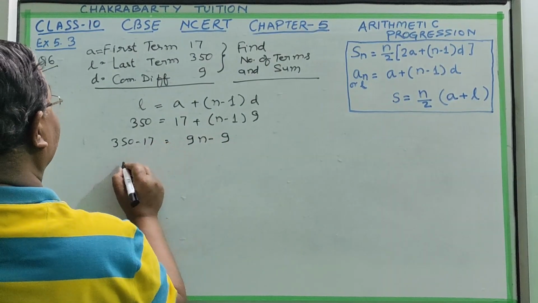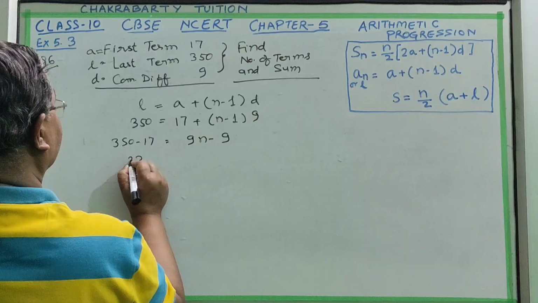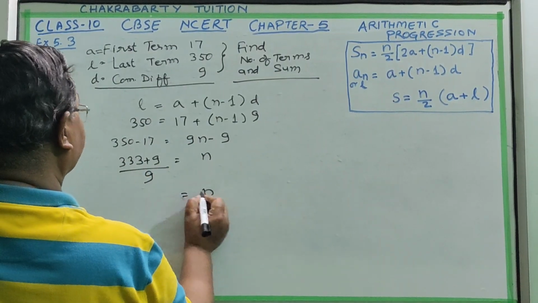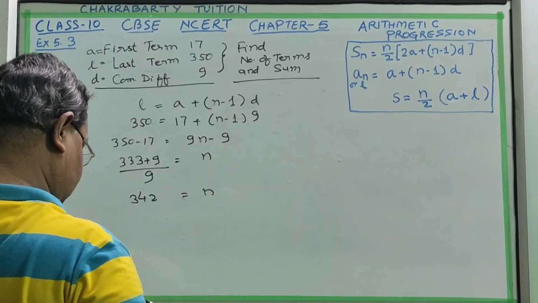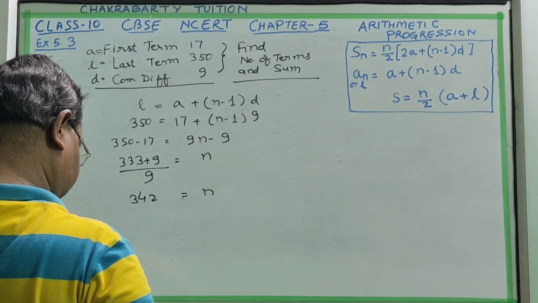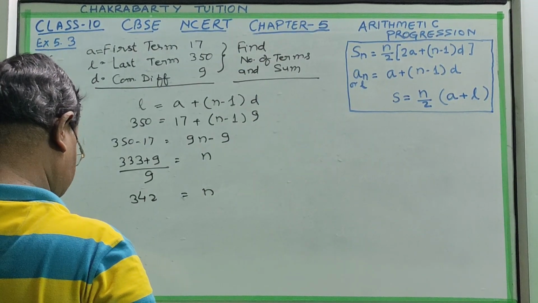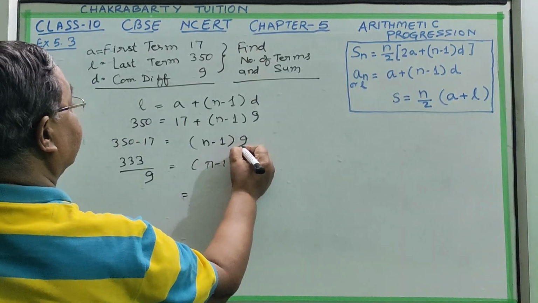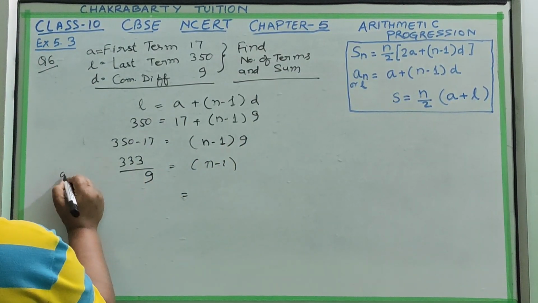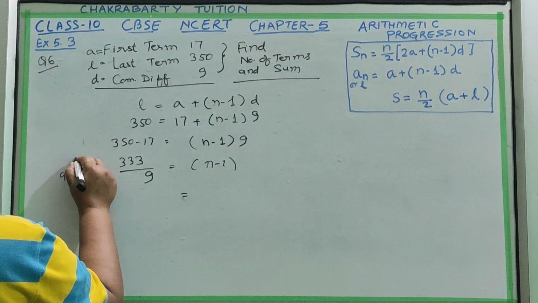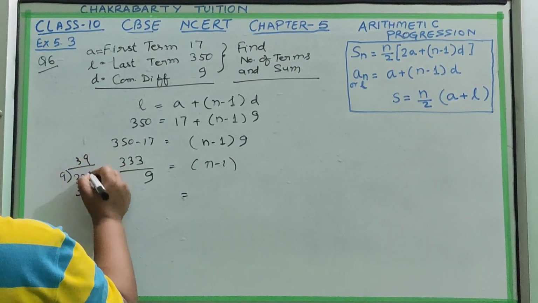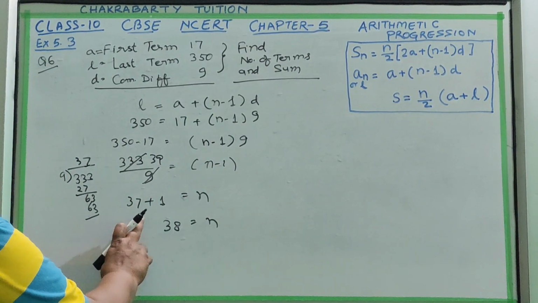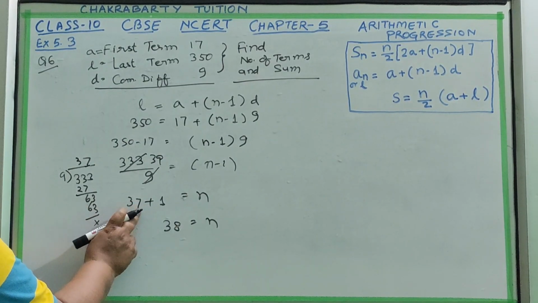So this minus 9 will come to this side and will become plus 9. Then 350 minus 17 is 333, plus 9 is 342. Now this 9 will come to this side: 9 times 3 is 27, and 9 times 6 is 54, so it will cut and 38 will come, 37 plus 1, 38.